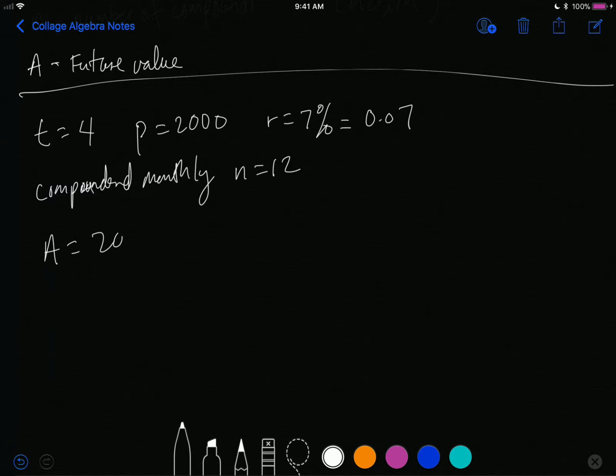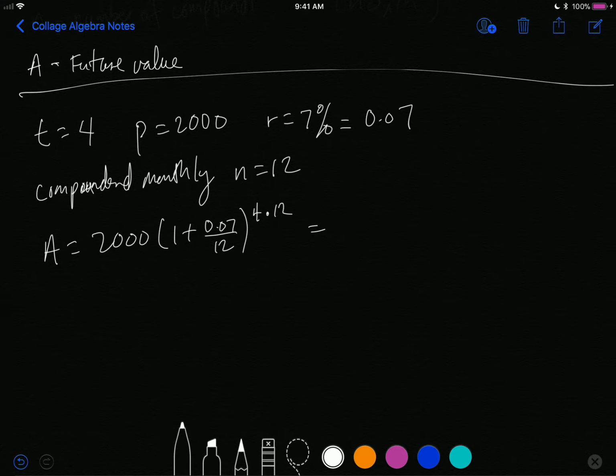So A will be 2,000 multiplied by 1 plus the interest rate divided by the number of compounds, raised to the 4 multiplied by 12, the number of compounds. All you need is a calculator to get this answer.